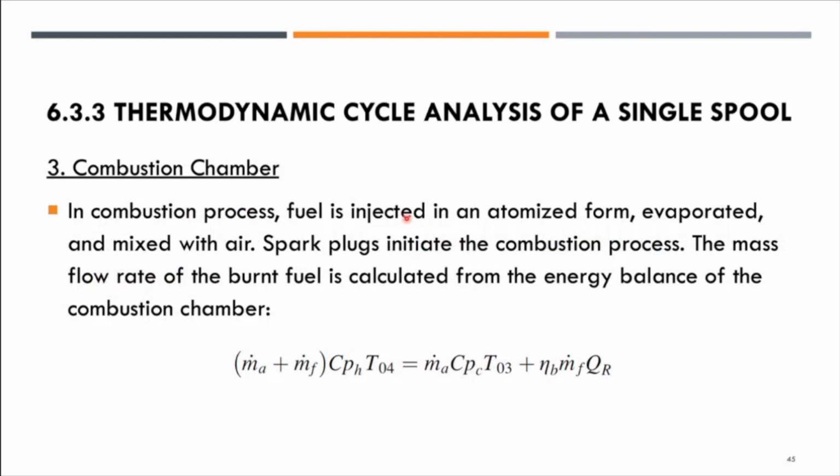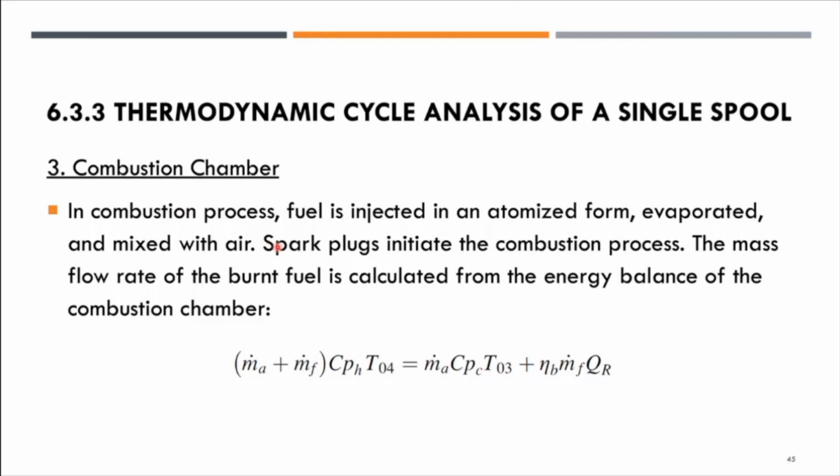Moving into the combustion chamber, in the combustion process fuel is injected in an atomized form. So basically, what happens inside the combustion chamber is not that there is a valve pouring jet fuel. It's not like that. The fuel itself is already formed into atomized form, evaporated, and then mixed with the air.